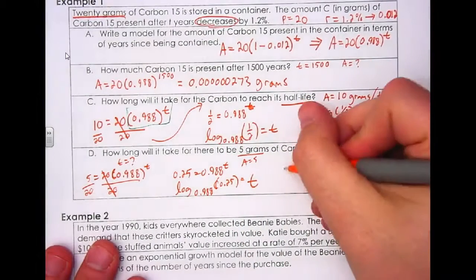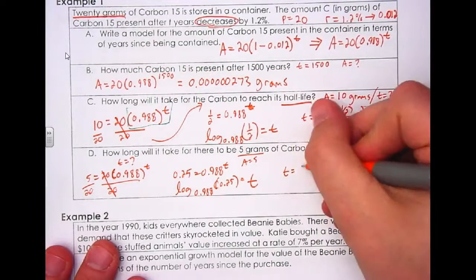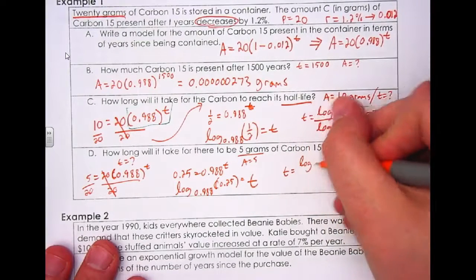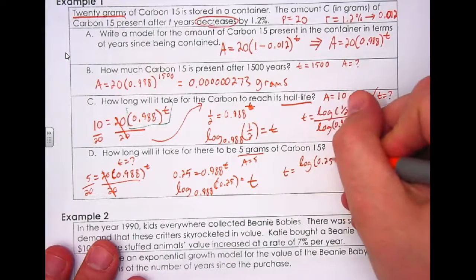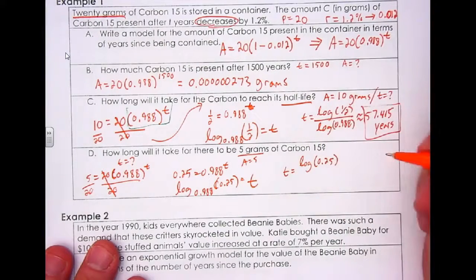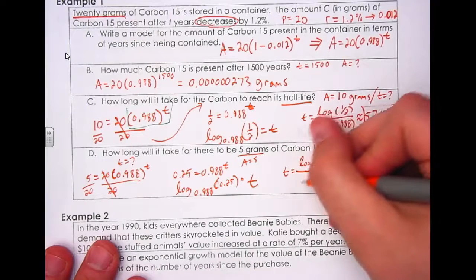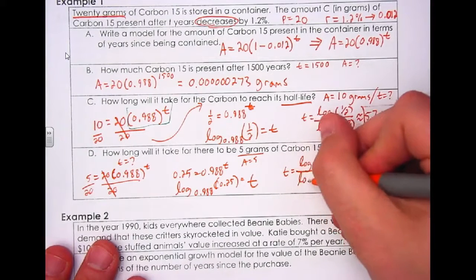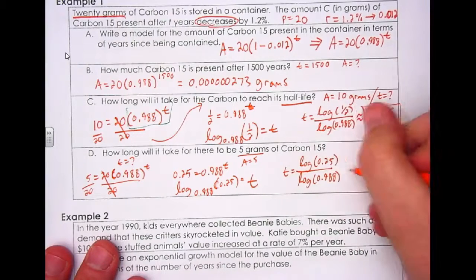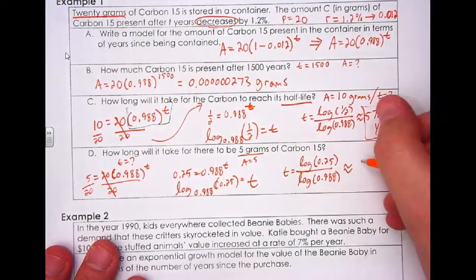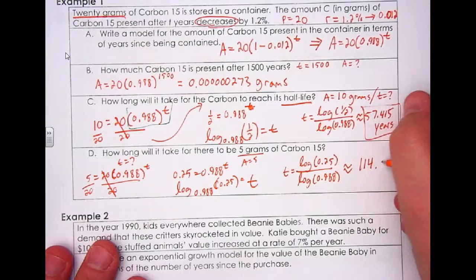And then we'll use change of base again, unless you have the special function on your calculator that allows you to not have to use change of base. In that case, you can use that. It doesn't really matter. Just log of 0.25 if you're using change of base divided by the log of 0.988. And that is approximately 114.83 years.